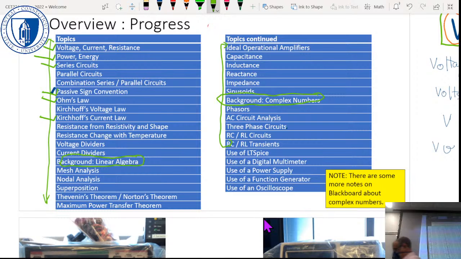It's a figure eight. The two red small circles, they're loops. The big outside one, that's a loop. But the figure eight one in the middle is not a loop. It is a closed path through the circuit, but it crosses over itself.